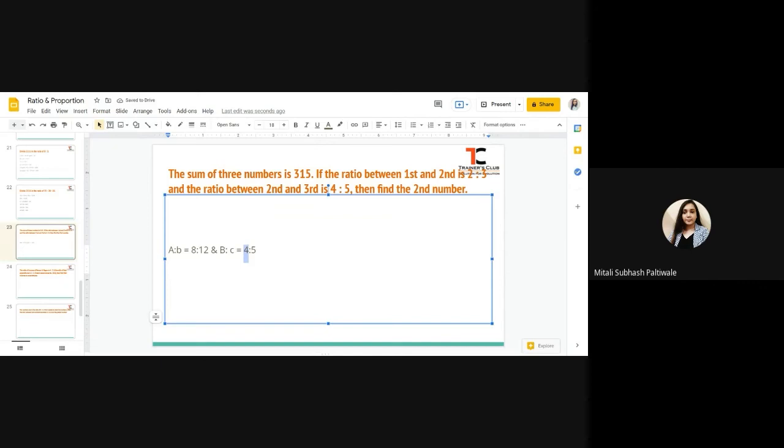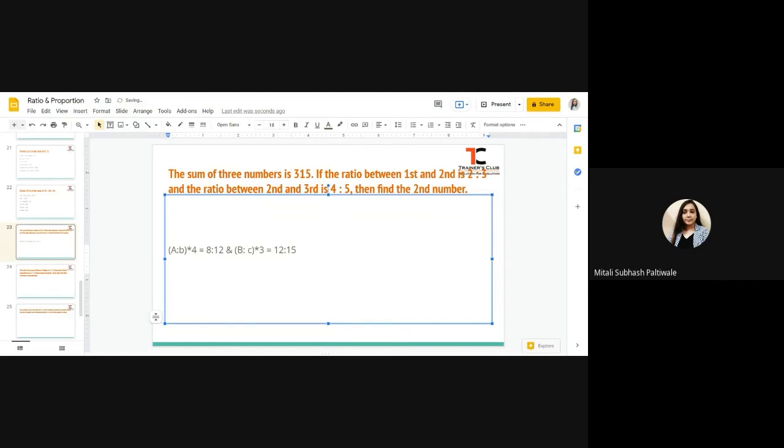And this will become 12 is to 15. Okay. So what we have done? We have multiplied it with 4. And we have multiplied this one with 3. So we have equalized B and C. So now let's do one thing.